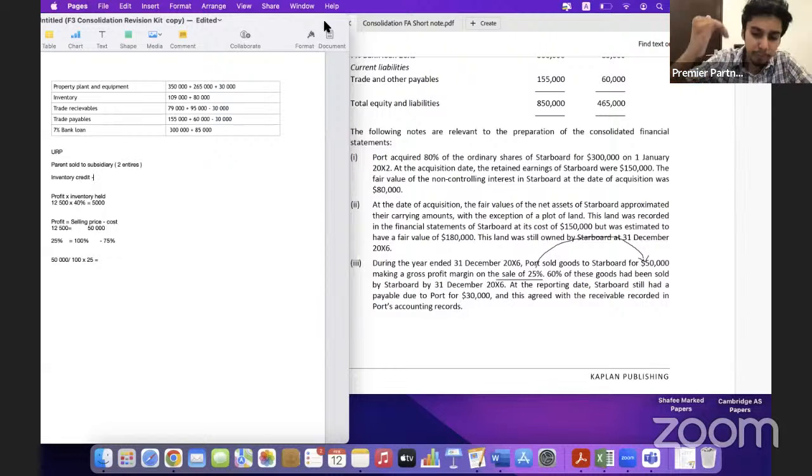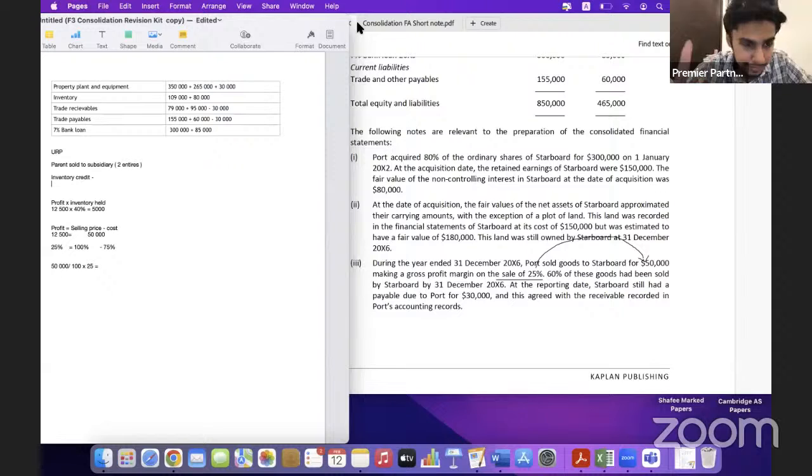Does that make sense? If parent sells to subsidiary, who makes the profit, guys? Parent. Where does parent keep his profits? Parent is keeping profits inside retained earnings. So therefore, that is the double entry or the adjustment if the parent sells to subsidiary.